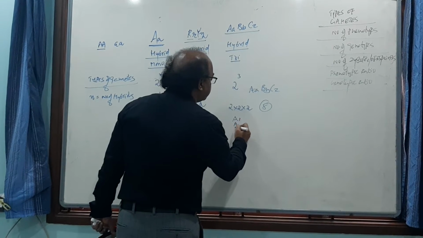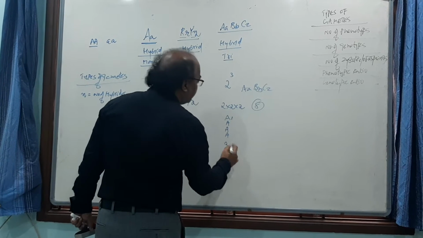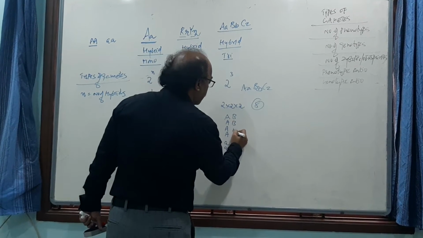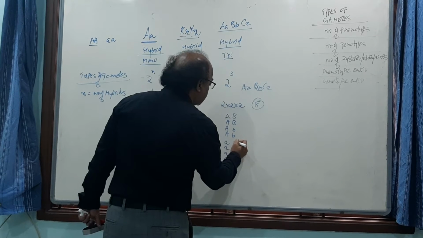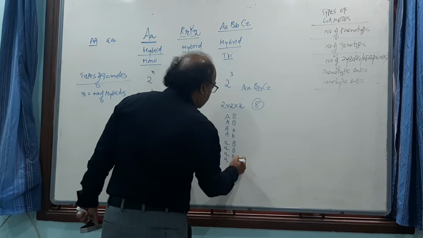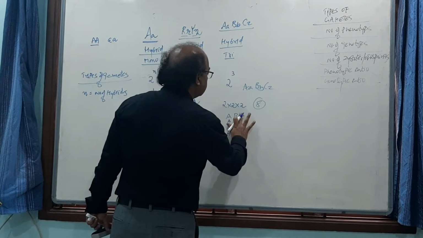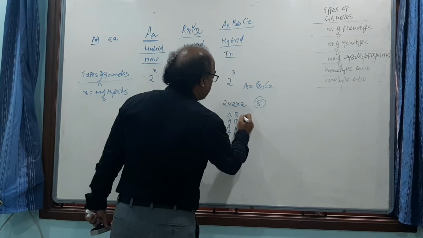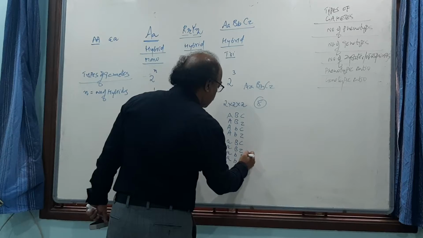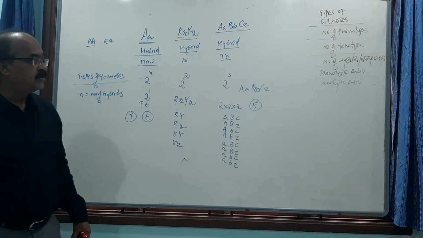See, a very easy way of putting the gametes. Total 8 types of gametes.